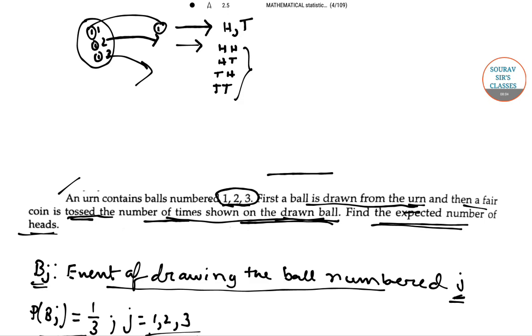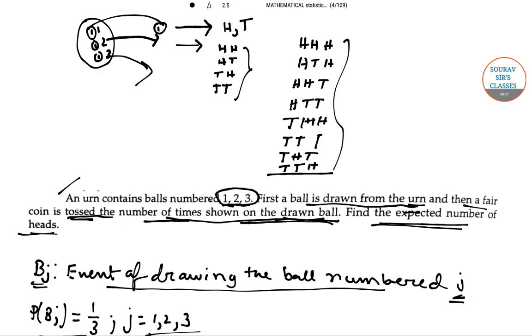So if we toss 3 times, we'll have the following possibilities. Either head head head will come, or head head tail will come, or head tail head will come, or head tail tail will come, or tail head head will come, or tail head tail will come, or tail tail head will come, or tail tail tail.